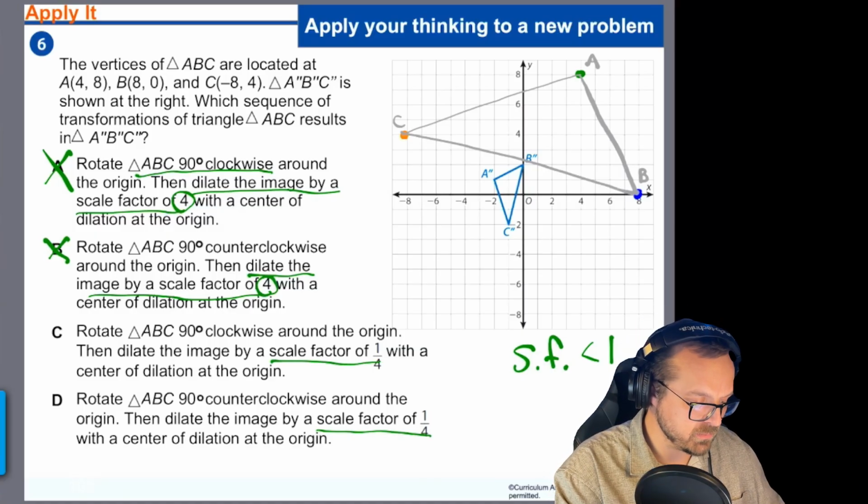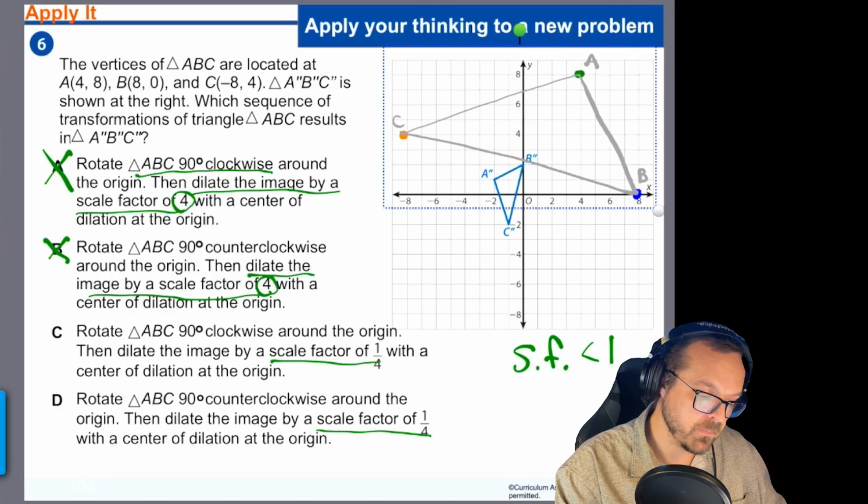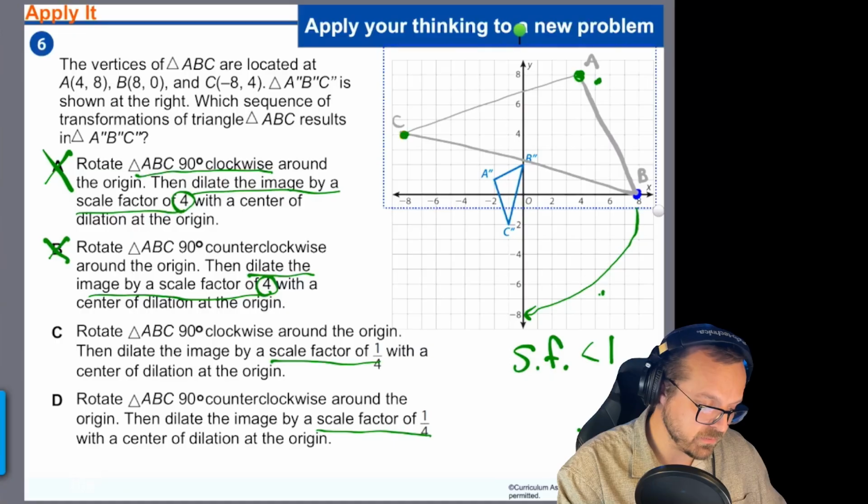Now we need to start talking about rotating. If I rotate, like C says, clockwise 90 degrees around the origin, I'm going to find one point on mine and start rotating it. If I go clockwise 90 degrees, this point would go to here, right? This point right here, C, would end up somewhere over here, and A would end up somewhere over here. You can use all those rules to figure that out.